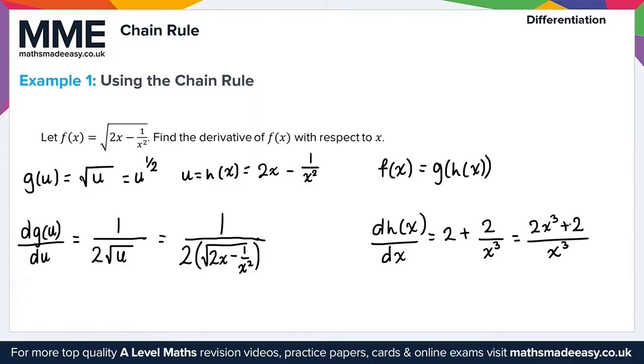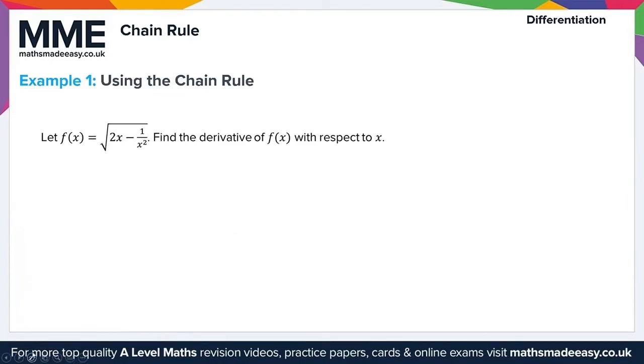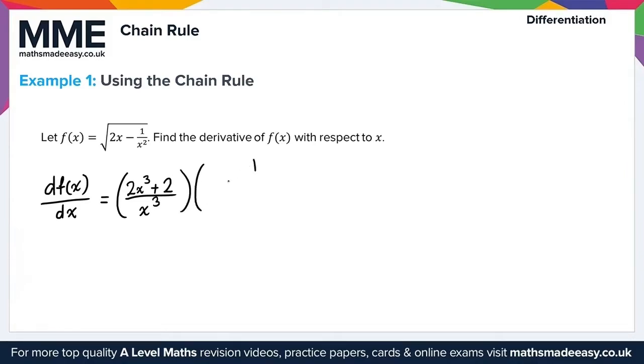All we need to do now is multiply these two, which would give us the derivative of f of x with respect to x. So if we clear everything and do that, what we obtain is the derivative of f of x with respect to x equal to 2x cubed plus 2 all over x cubed times 1 over 2 lots of the square root of 2x minus 1 over x squared.